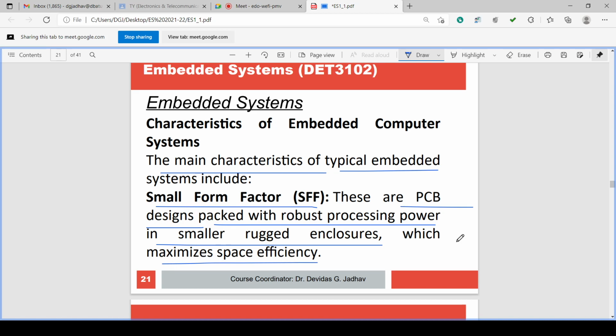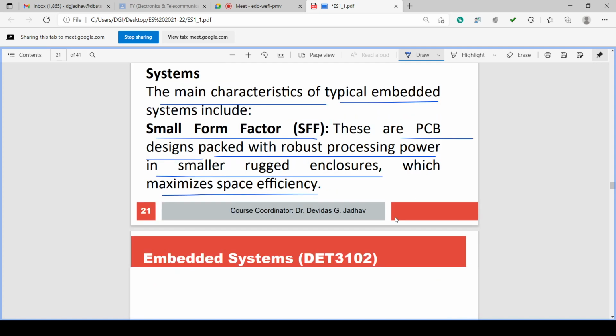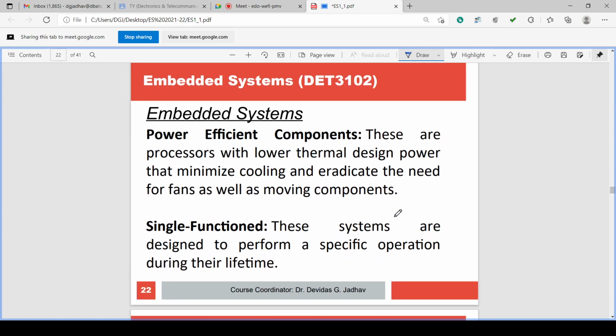So small form factor is achieved. In a small form factor, the PCB designs are packed with robust processing power in smaller rugged enclosures, which minimizes the space. Efficiency is enhanced, space is minimized. So this is small form factor.